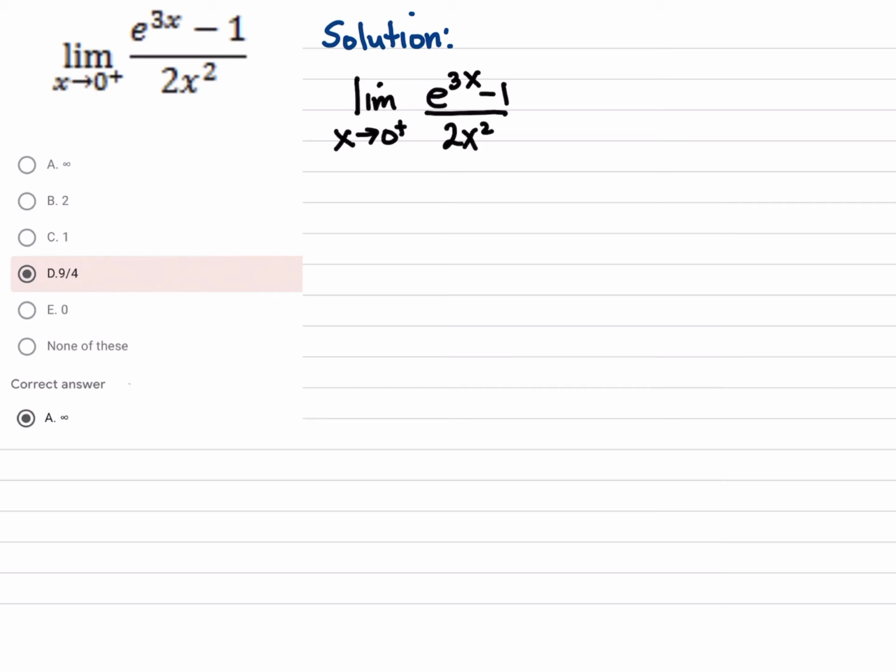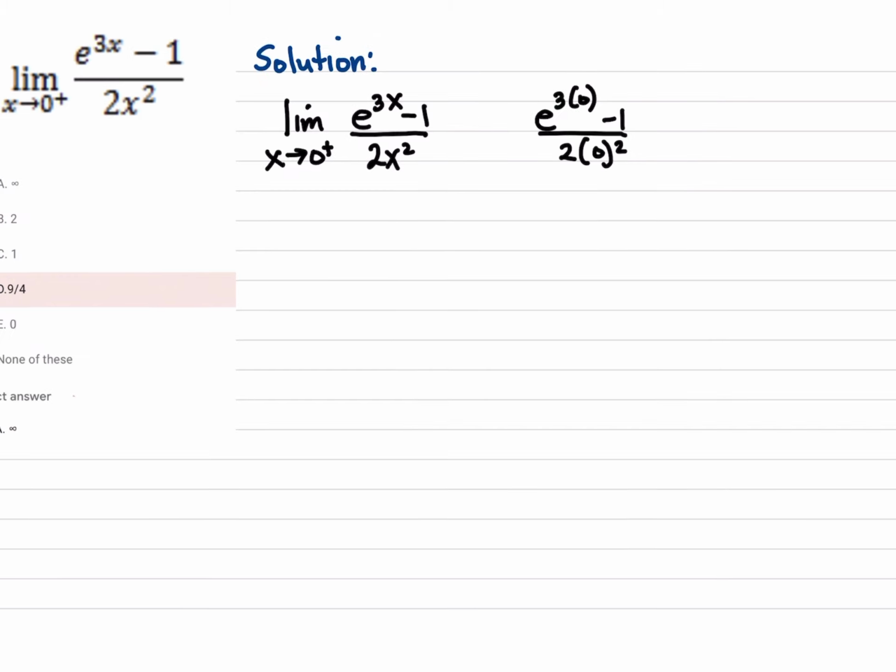Take note that if we plug in 0 for x, this expression becomes e raised to 3 times 0 minus 1 all over 2 times 0 squared, which when simplified is 1 minus 1 over 0, or 0 over 0. And you know for a fact that 0 over 0 is an indeterminate form.